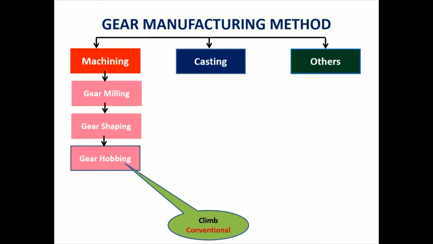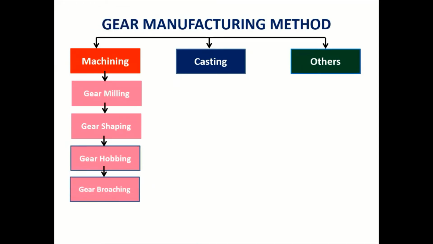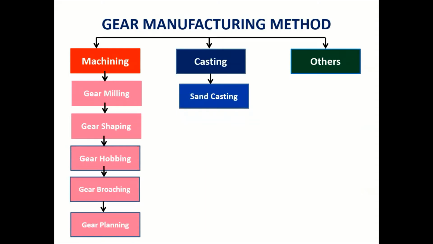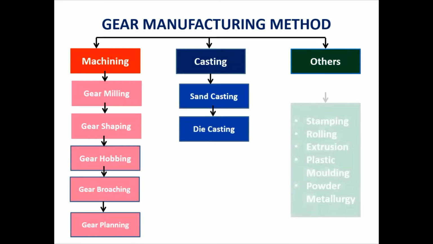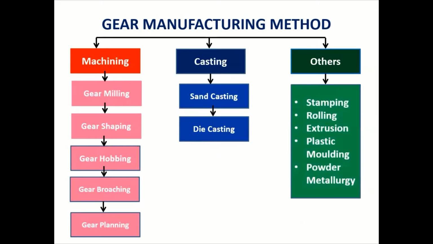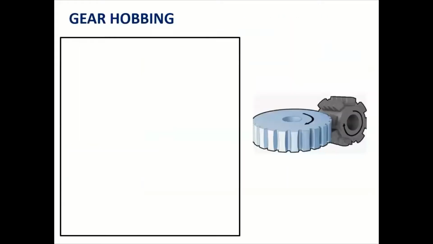In today's lecture, we are covering gear hobbing, gear broaching, and gear planing. In casting, there are two processes: sand casting and die casting. In others, there are stamping, rolling, extrusion, plastic molding, and powder metallurgy.